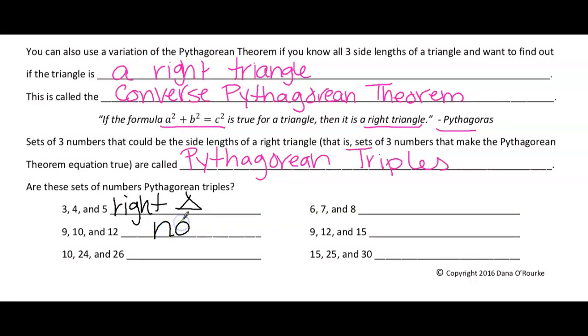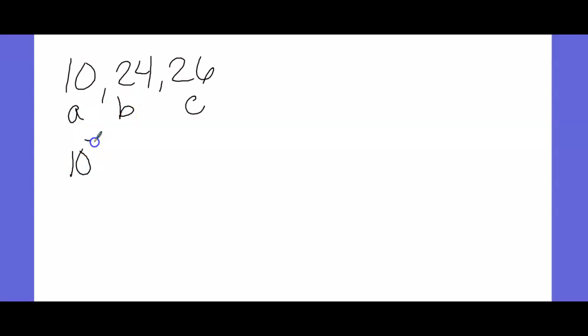Okay, and then my last one, 10, 24, and 26. What's my hypotenuse? 26. And the other ones, it doesn't really matter. So 10 squared plus 24 squared, does that equal 26 squared? What's 10 squared? 100.